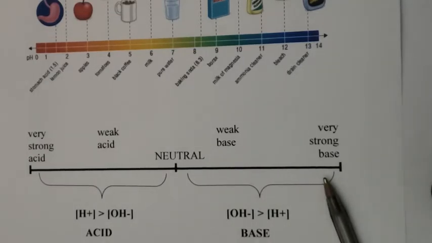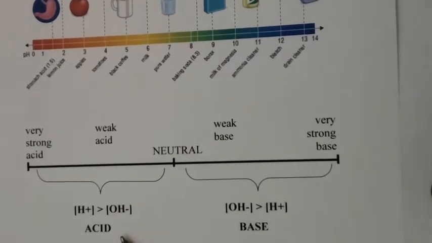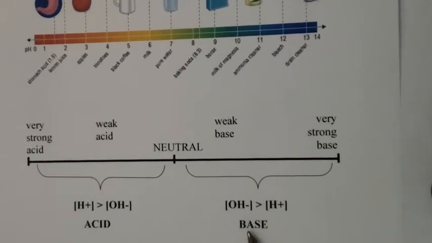And again, what we're measuring is how much hydrogen ion we have compared to hydroxide. When you see the hydroxide, we know that means it's a base. When you have the hydrogen out in front of the formula, that's an acid. So when there's more hydrogen ion, it's acidic. When there's more hydroxide ion, we know it's a base.